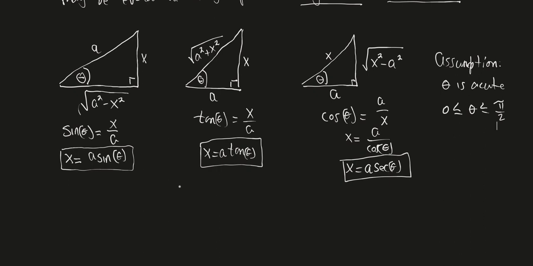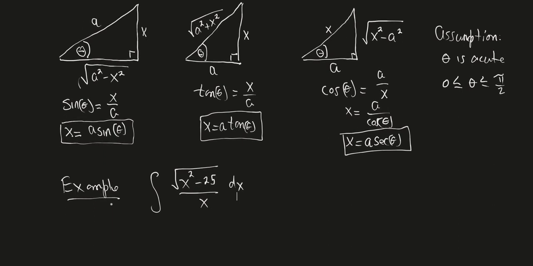Let's take a look at our first example, and let's start with an indefinite integral. Here is our problem: the square root of the quantity x squared minus 25, all divided by x, and we have to find that antiderivative.